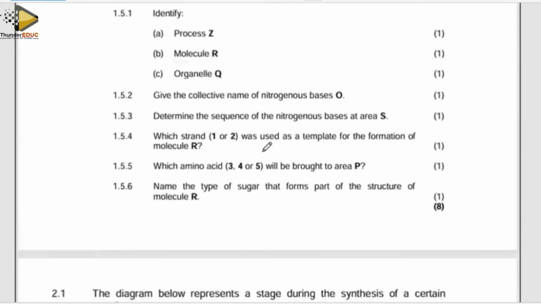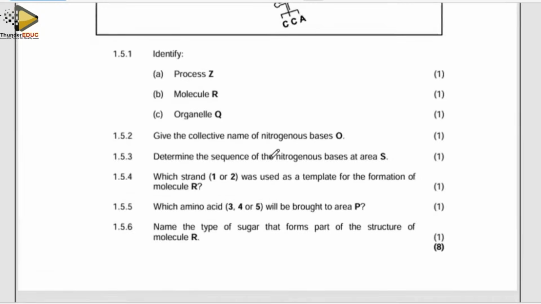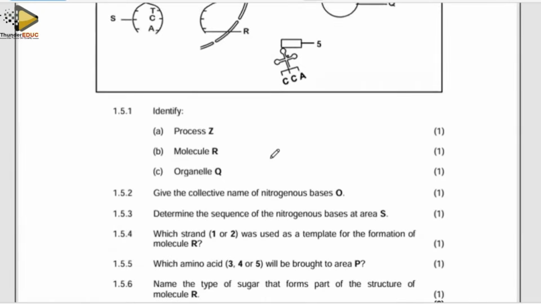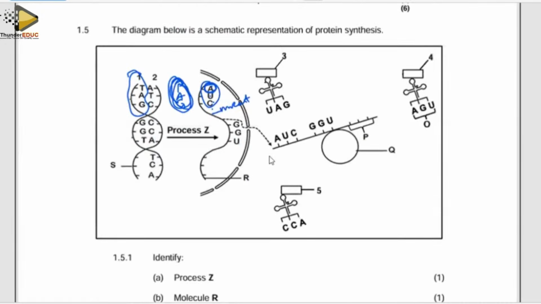Then they are saying, which amino acid 3, 4, 5 will be brought by P. We go back and find out what is P. So we see a P. I need to go back, and I only have this and this. I don't have it here. I have to go back again, because this and this is the same.